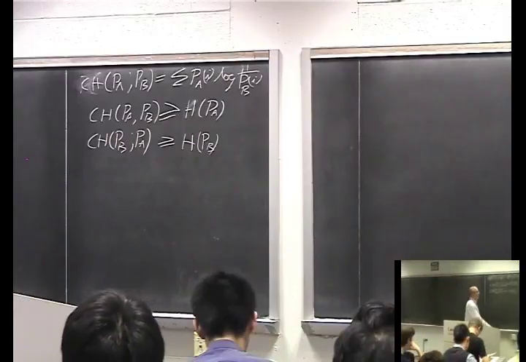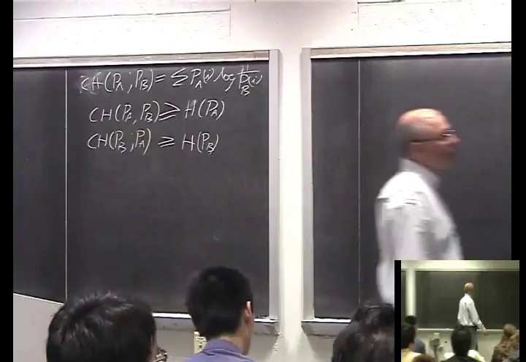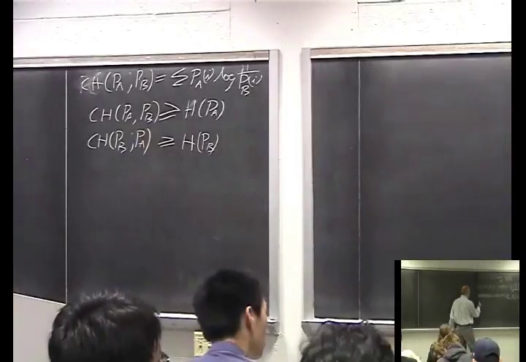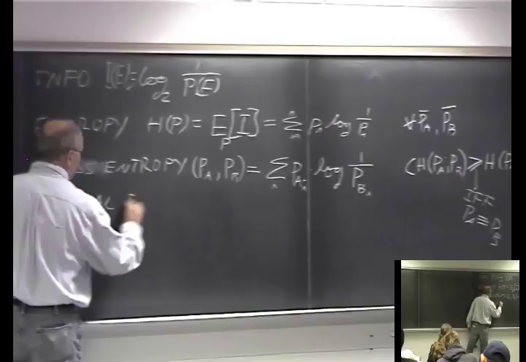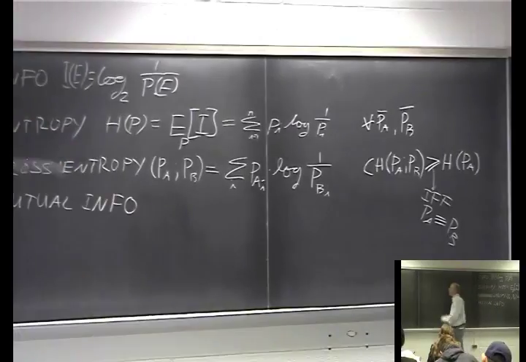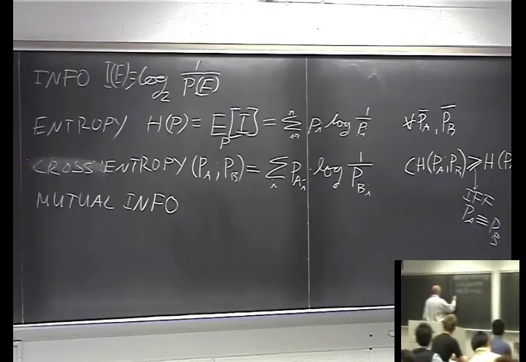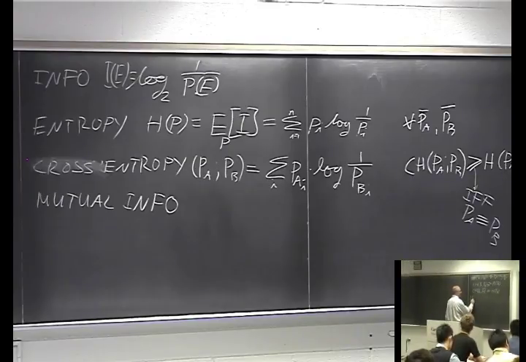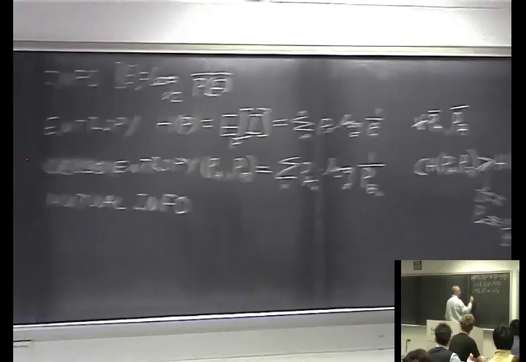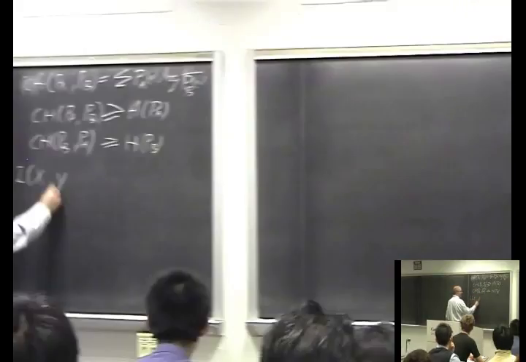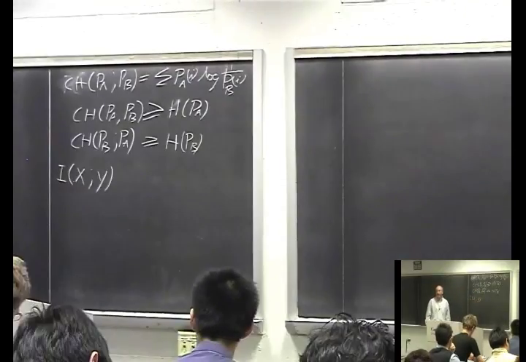So we have information, entropy, cross entropy, and the last issue, which we spent a lot of time on, is mutual information. Mutual information between 2 random variables, I don't want to call them A and B, so let's say X and Y, is symmetric.